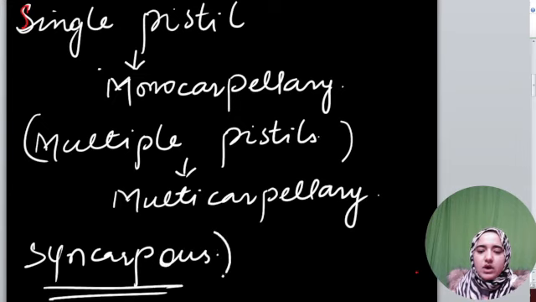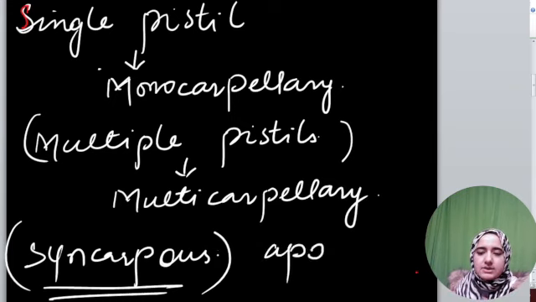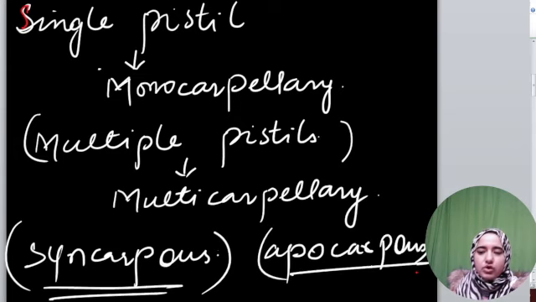Or we may have pistils in separate form, not fused, they may be free, and that is known as apocarpous. I hope this concept is also clear. What is monocarpellary and what is multicarpellary?